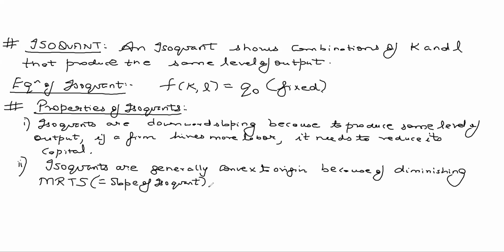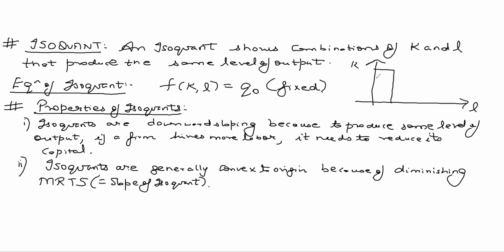This means as you keep on increasing more and more of labor, you are lesser and lesser willing to give up capital. That is why your isoquants are convex to the origin. As you keep on hiring more and more labor, this is labor, this is capital.